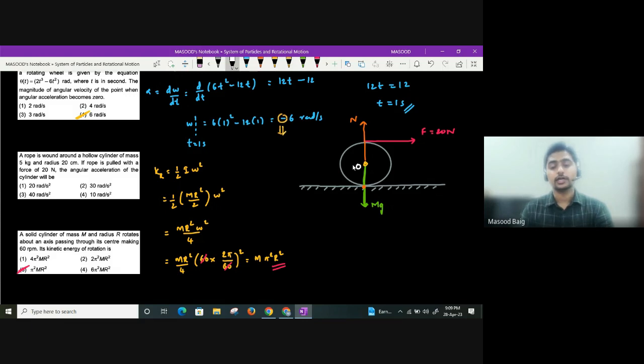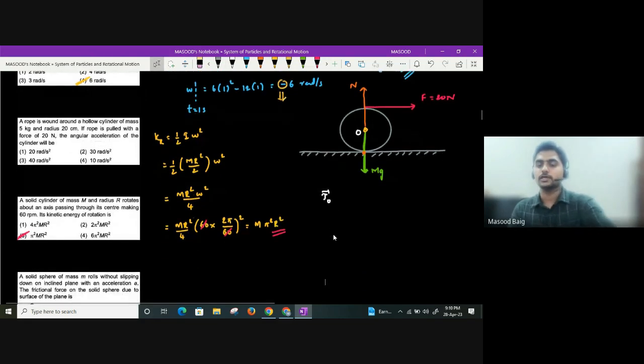Now, in order to find angular acceleration, first I will check whether there is torque or not. So I want to find torque about point O. Please listen very carefully how to find out torque, guys. Whenever you are interested in finding torque about point O, I will consider an axis passing through point O and perpendicular to the plane.